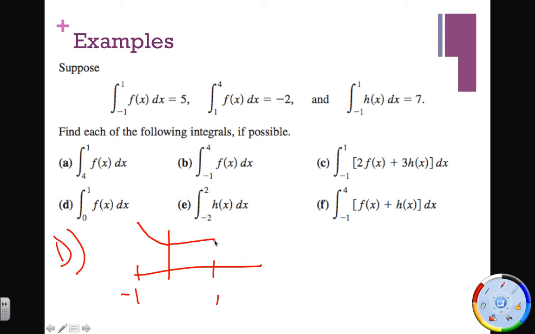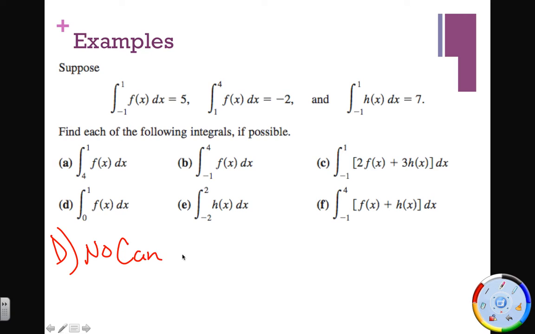And just this little simple picture right here actually shows you why it can't be half of this area here, because this is a counterexample. This is what I mean by a counterexample. I found one area where this wouldn't work to be half of this. Okay, so you notice here it says find each of the following integrals if possible. So D is not possible. It's not half of the 5.